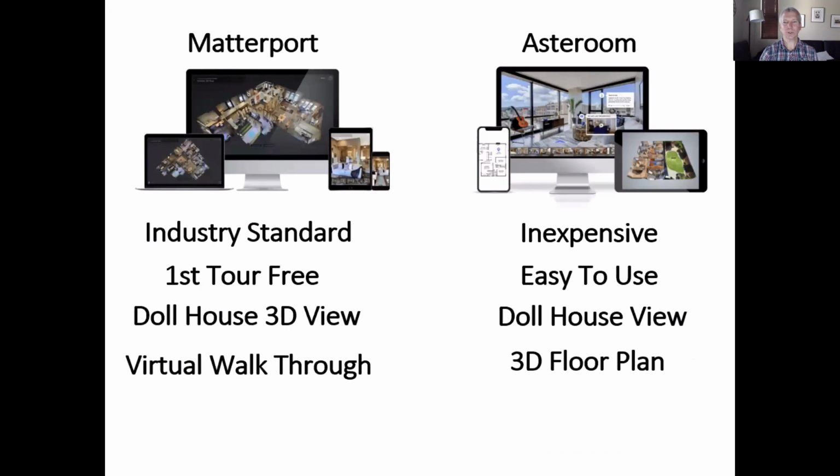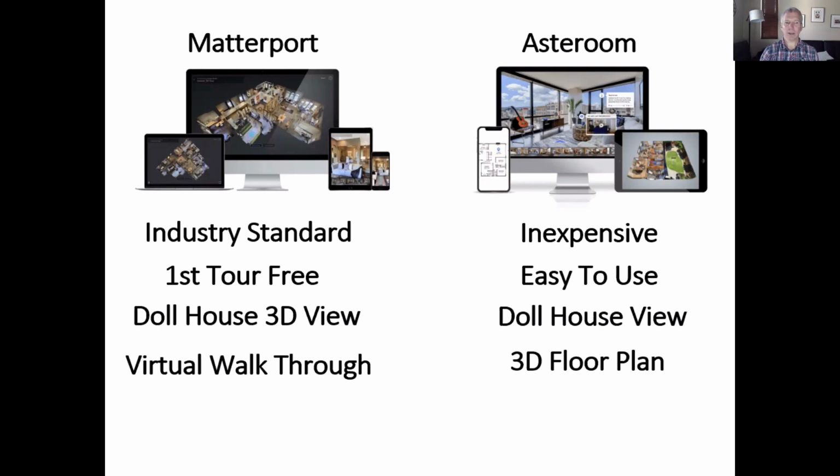So what are some of the tools that are out there to create 3D virtual tours? The industry standard right now is Matterport. If you haven't heard of Matterport, you can go to their website. It's nice because they've created an iPhone application now, and your first tour is free. So you can use it for any short-term rental that you've got and create a 3D virtual tour.